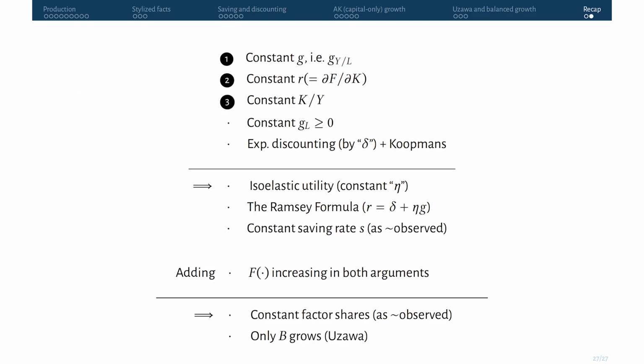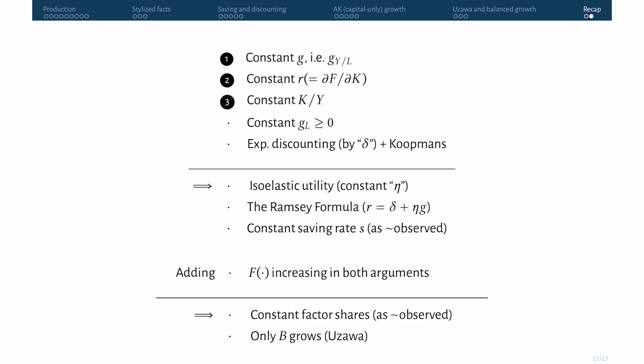We found that given these three Kaldor facts, and given that population growth is roughly constant, at least over the time scale that we're thinking about, and given that people discount exponentially and aren't so patient that there's no optimal savings rate.